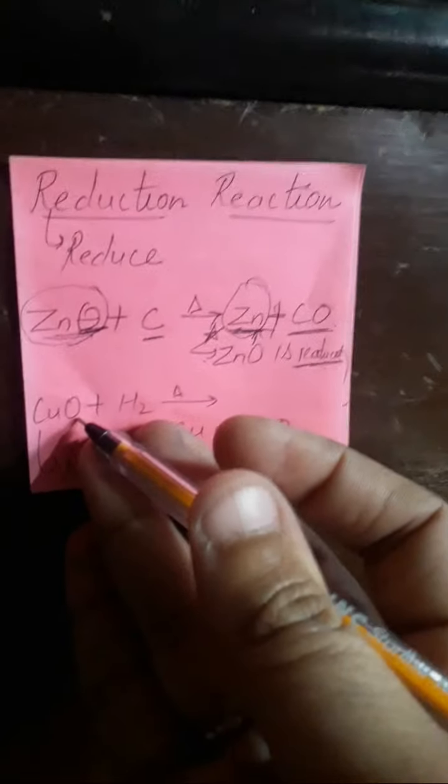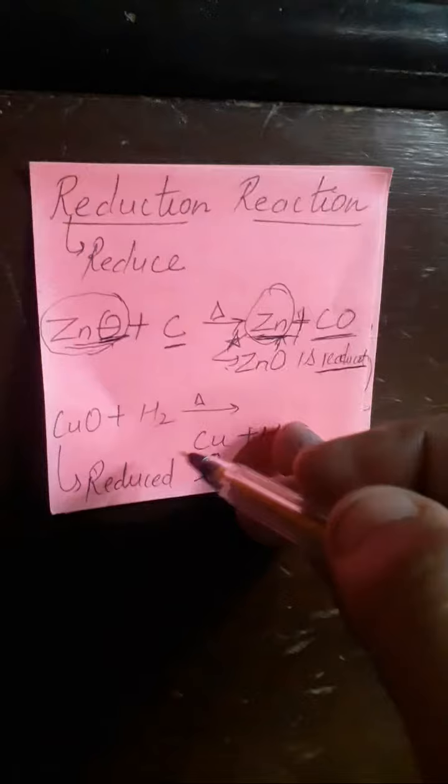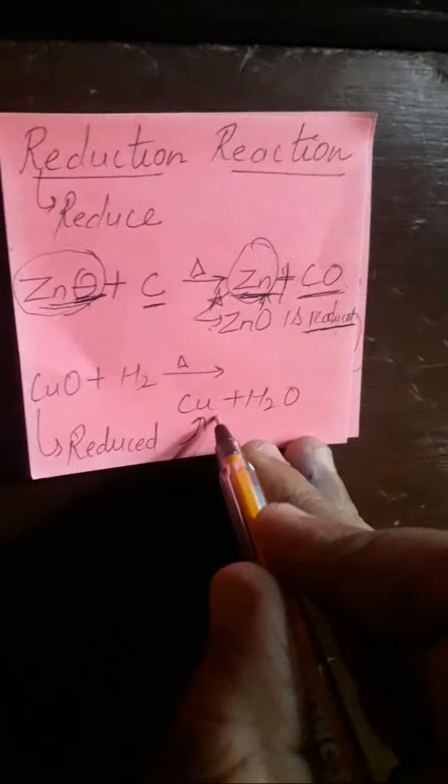Now one more example, copper oxide reacting with hydrogen. The products are copper plus water.